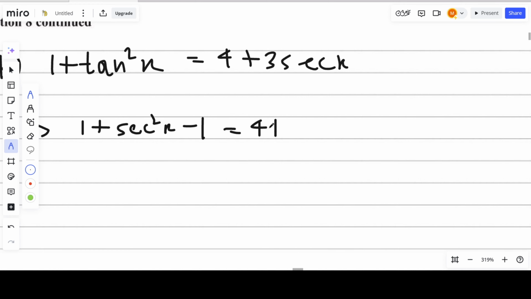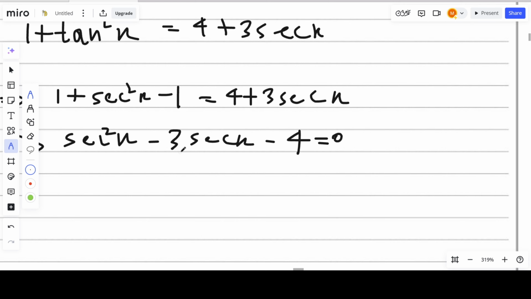Okay, so what we got, 1 minus 1 cancels out, so you'll get sec square x. Take this 3 sec x to the left, so you'll get minus 3 sec x. Take this 4 to the left, what you will get, minus 4 equals to 0.